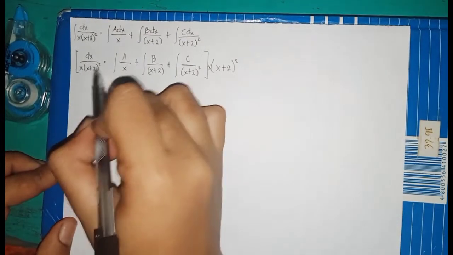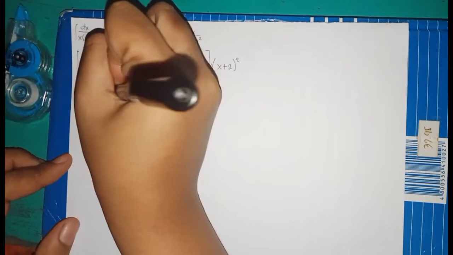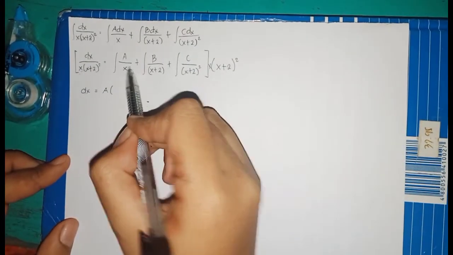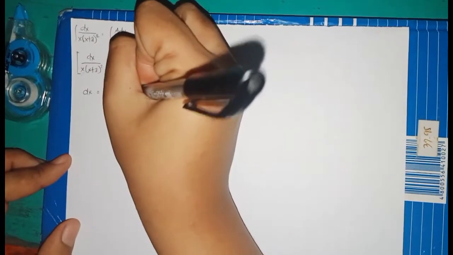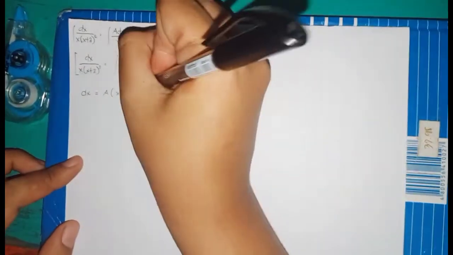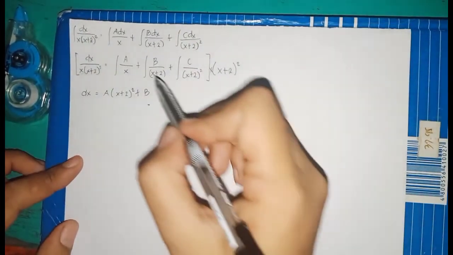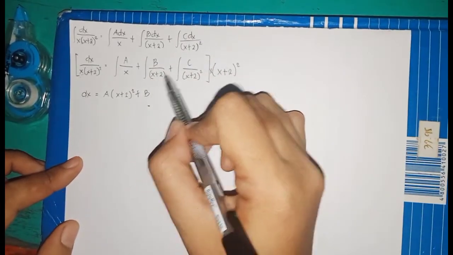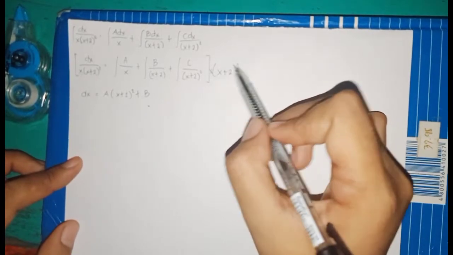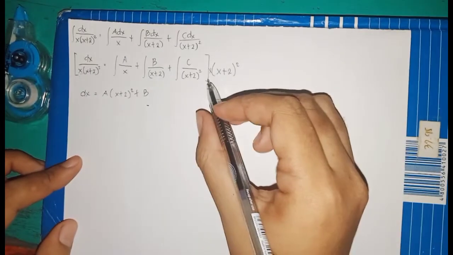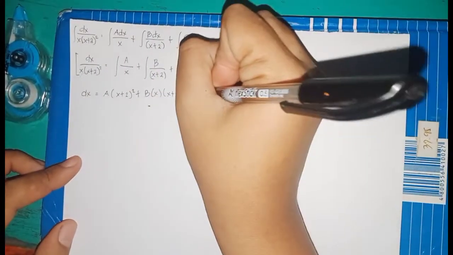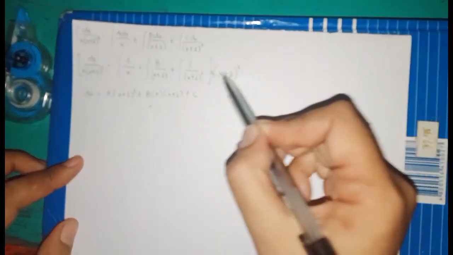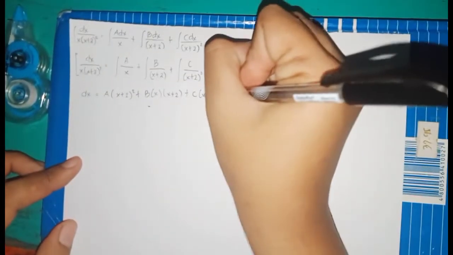So this will be cancelled, and what remains is dx equals A. The x will be cancelled from this, so what remains is the quantity x plus 2 squared, plus B. This will be cancelled, but since this is squared, there is one more left, so we copy the x. So x times x plus 2, plus C. This will be cancelled, so what remains is x times x.